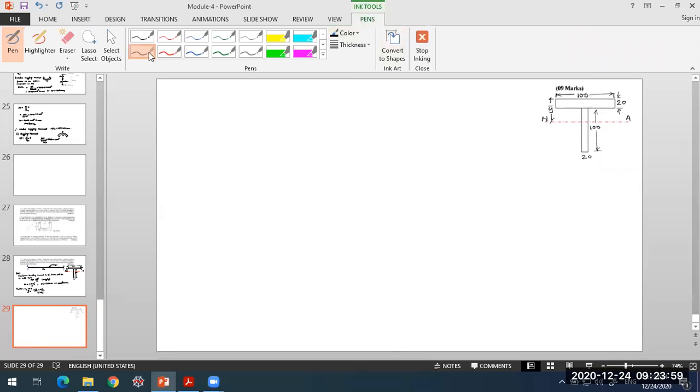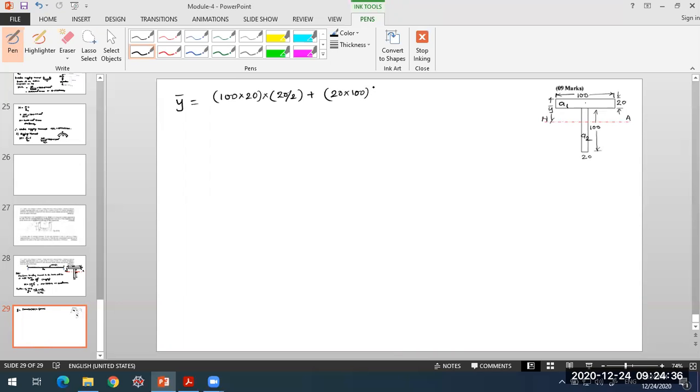So y bar will be A1, the flange area, into Y1 bar. The centroidal distance of the flange from the top will be 20 by 2. Plus A2, this rectangular section for the web, which is 20 by 100: width is 20, depth is 100 mm.